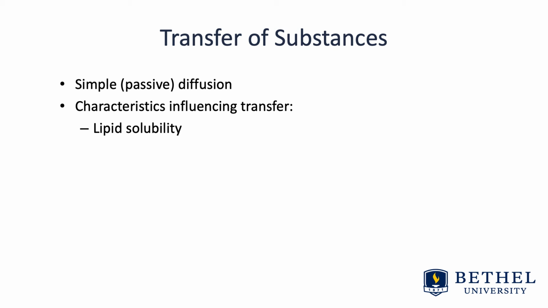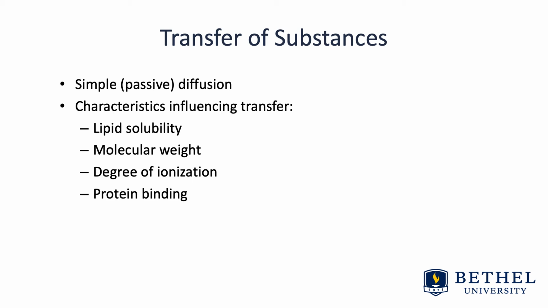And then other characteristics that can influence the ease of something transferring would be molecular weight, degree of ionization, and then protein binding. And it's worth noting that sometimes there can be a little bit of capillary breakage where there might be just a little bit of mixing between fetal and maternal blood.